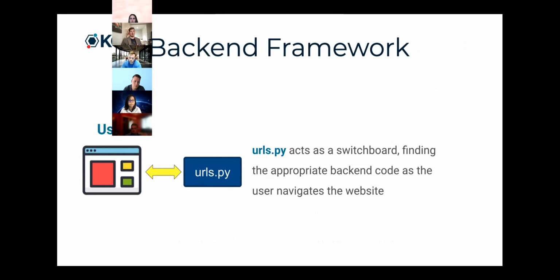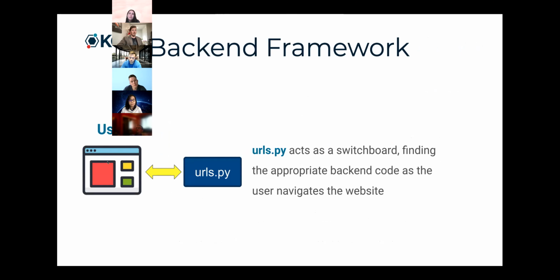I'll go through one particular framework, and that's the Python Django framework. The reason I'm doing this specific framework is just because it's the one that I'm most familiar with. But there are many, many frameworks out there, and you just have to pick one that happens to fit your needs.